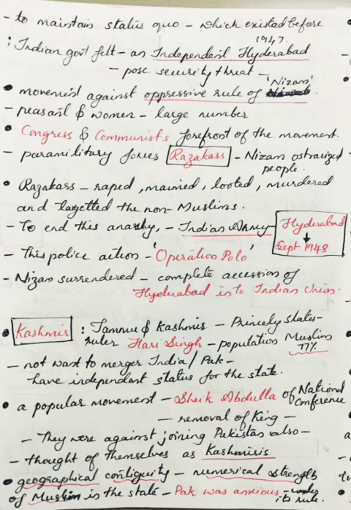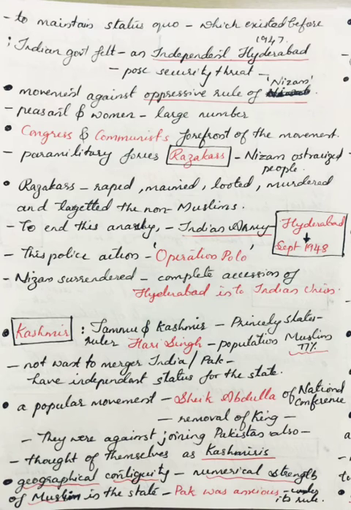But the Indian government felt that an independent Hyderabad would pose a security threat. In the meantime, there was a movement against the oppressive rule of the Nizam. It's not Nawab, it's Nizam. The peasantry and women joined it in large numbers.